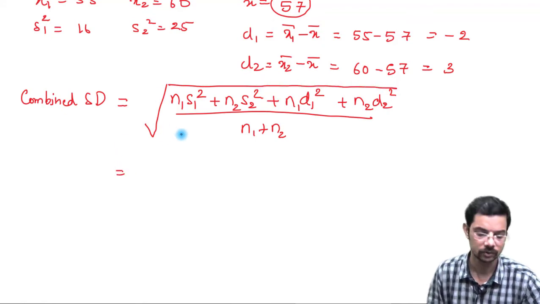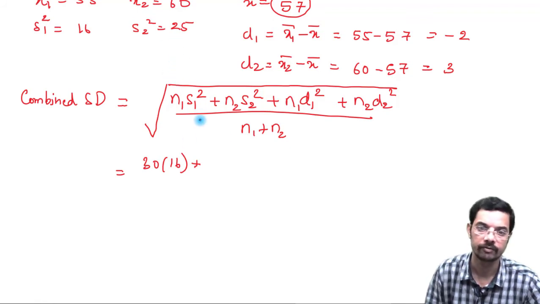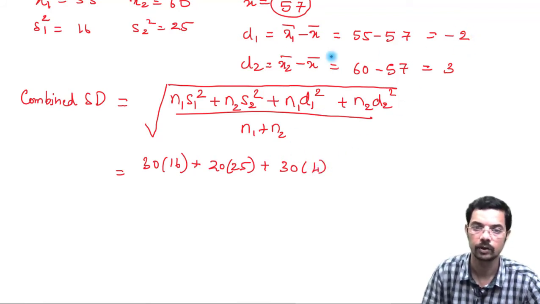So we put the values. We get 30 into 16, where S1 square is 16, plus n2, which is 20 into 25, plus 30 into d1 square, d1 square is minus 2 whole square, which is 4.